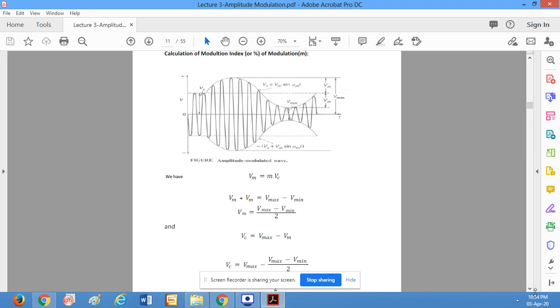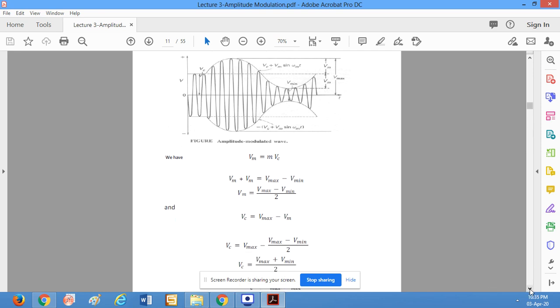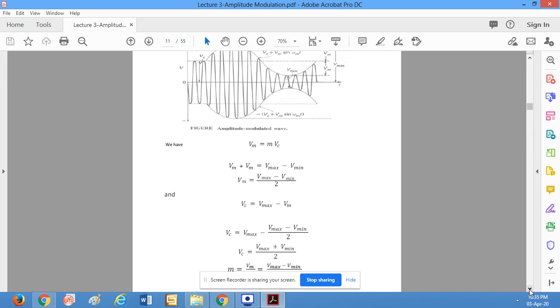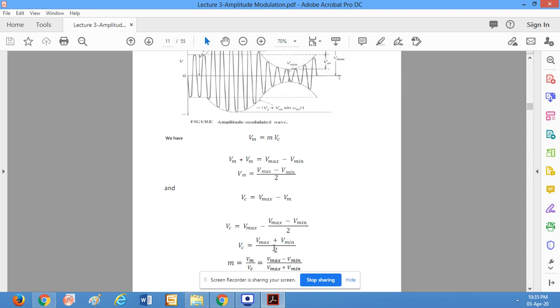Using the value of Vm equals (Vmax minus Vmin) divided by 2 in this equation, we get Vc equals Vmax minus (Vmax minus Vmin) divided by 2, and on solving this we get Vc equals (Vmax plus Vmin) upon 2.